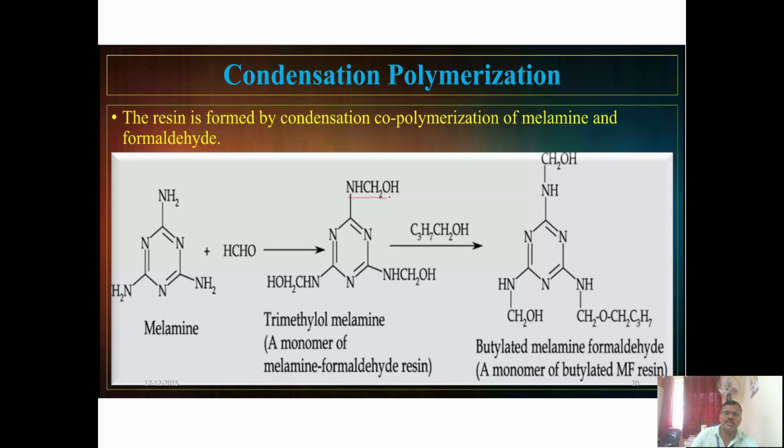Like that, at three sides, there is a formation of carbonyl derivatives by reacting with the amine functional groups, NHCH2OH. Further addition of the alcohols will lead to further condensation. We end up with the polymer called melamine formaldehyde or butylated melamine formaldehyde. This is a known polymer for condensation reactions.